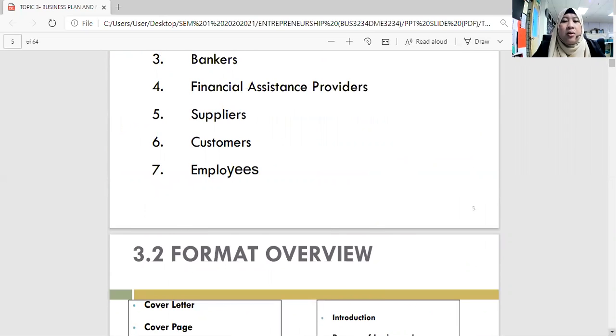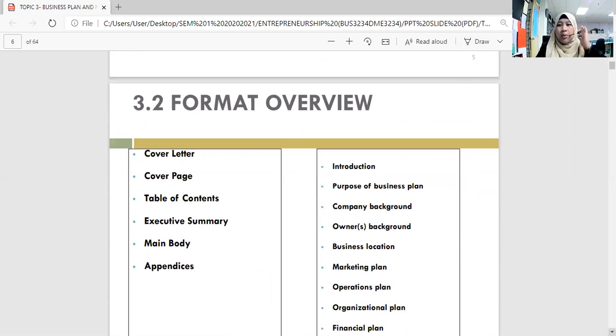So basically in a business plan, what we have to know, we have to prepare the cover letter, as we mentioned just now. They used to have the cover letter like this, which shows that they mostly apply for the loan, and a cover page, which refers to who is preparing it. But for the cover letter, I mostly make it compulsory to be written as an application for the loan.